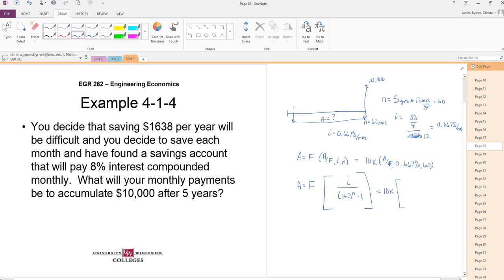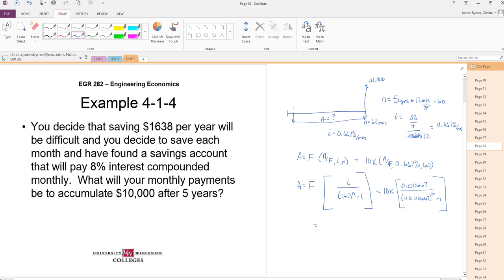So it's 10,000 times 0.00667 all over (1 plus 0.00667) raised to the 60th minus 1.